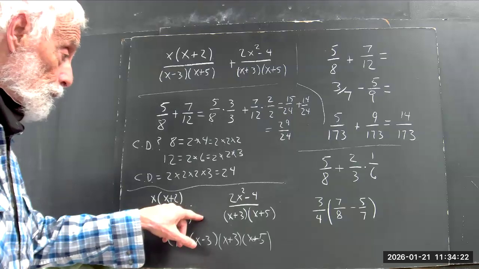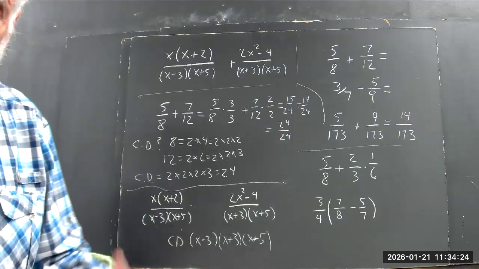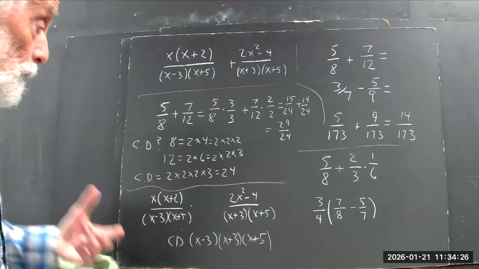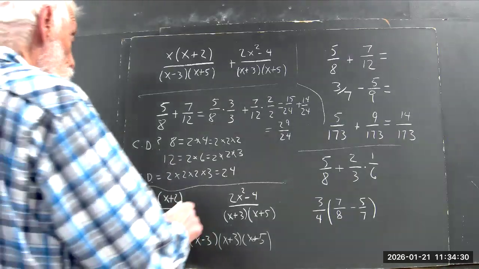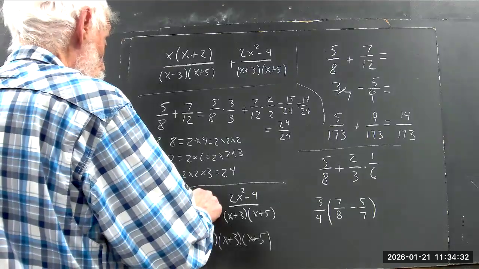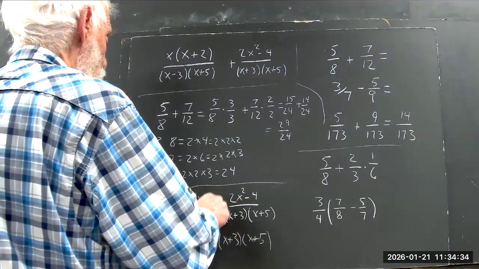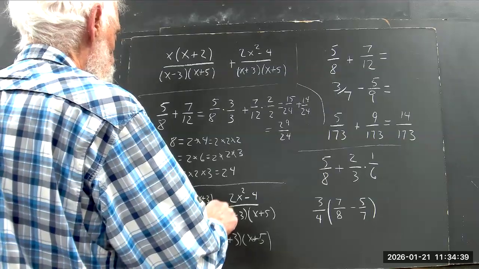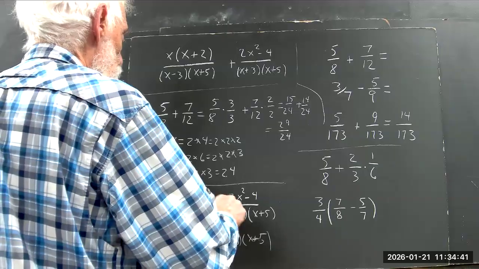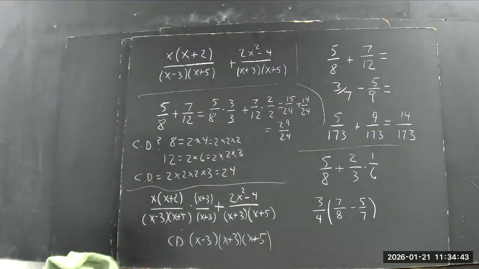This needs an x plus 3 for these two to have the same denominator. And when they have the same denominator, you're going to be able to add them. So how do you do that? You really want to write it out. x plus 3 over x plus 3. Now, assuming we're adding these, I never did put a plus sign in there.